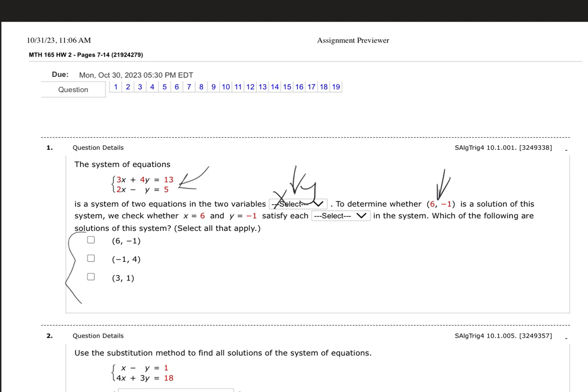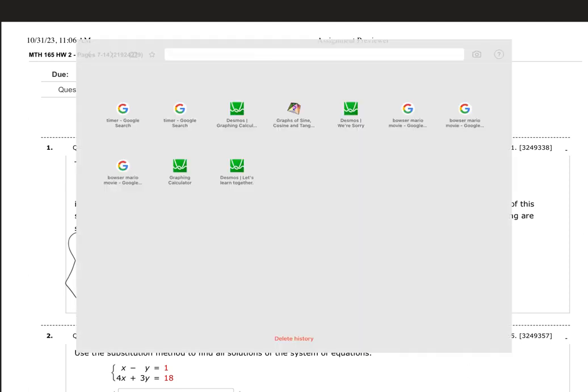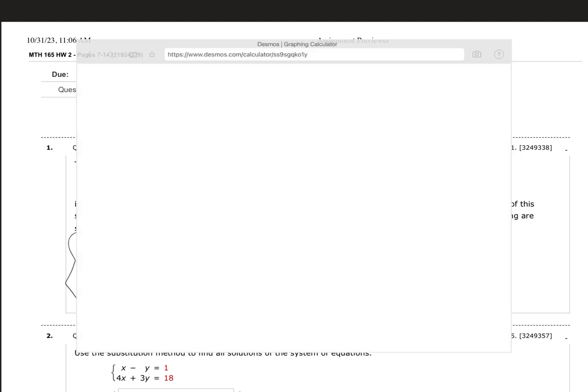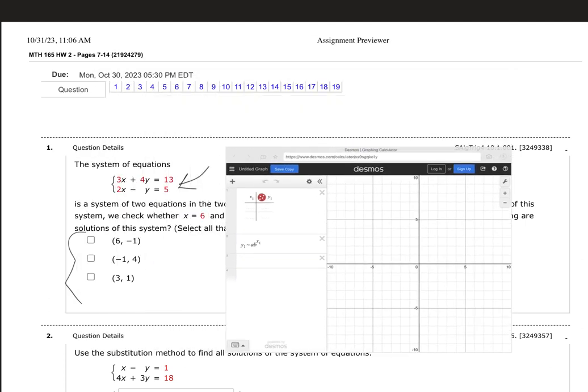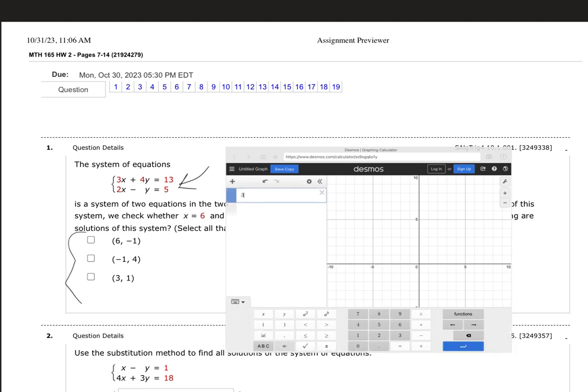So what I'm going to do is throw this into Desmos, and hopefully Desmos has a very clear and concise solution to this problem. So here we are in Desmos. I'm going to put in 3x plus 4y equals 13.